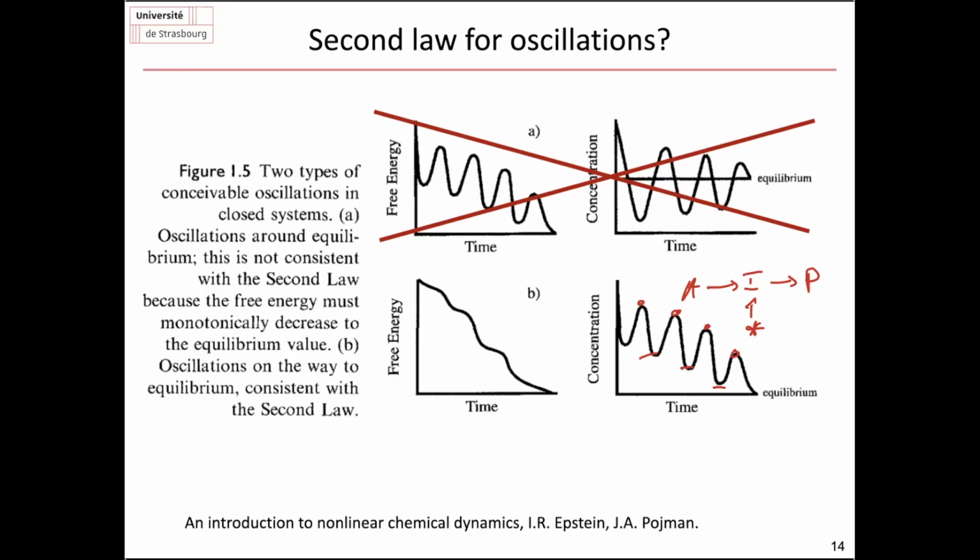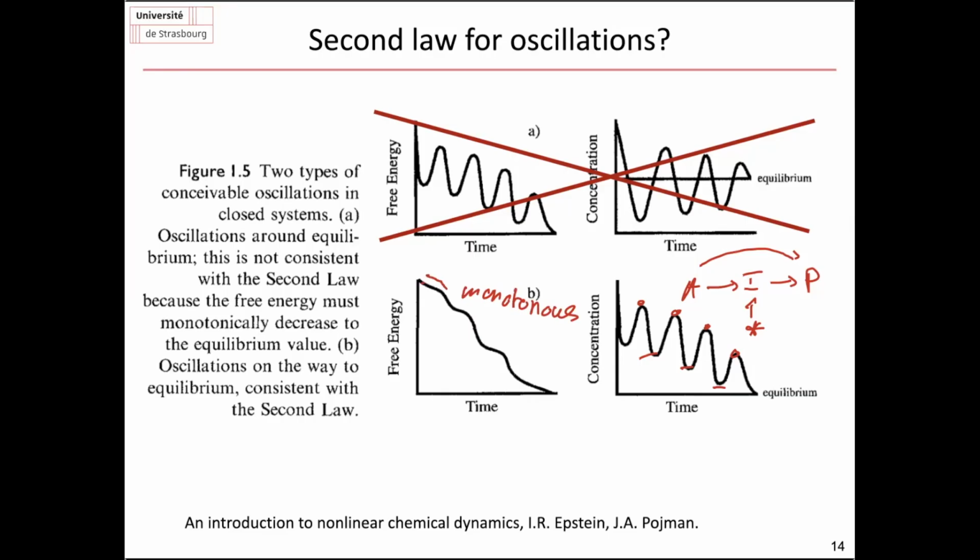I do get concentration oscillations in this intermediate species, but overall, I'm just transforming my substrate to my product. So there's always a monotonous decrease in the free energy, right?